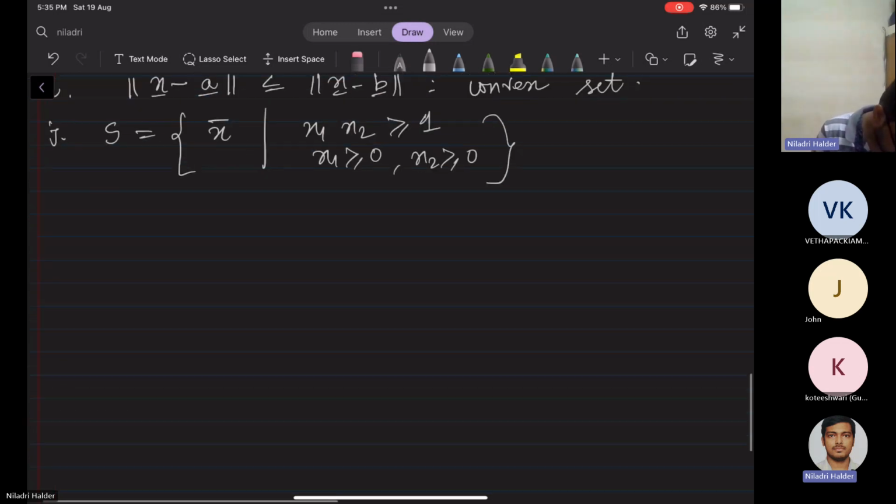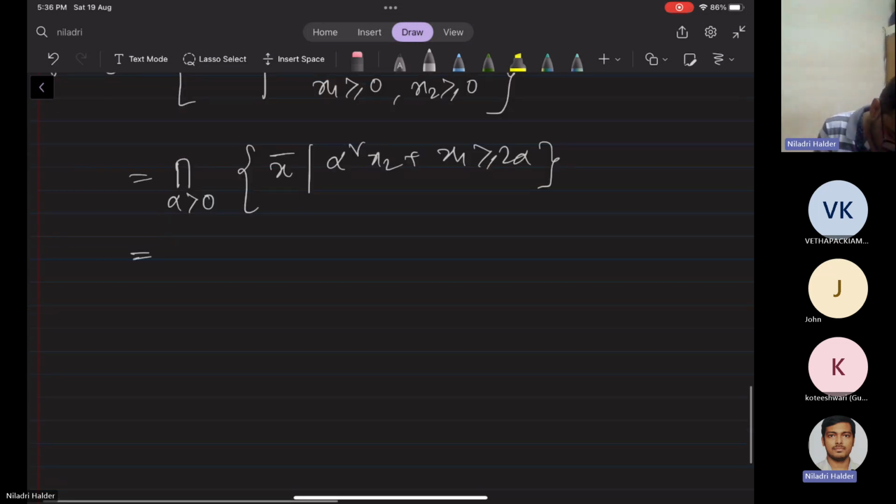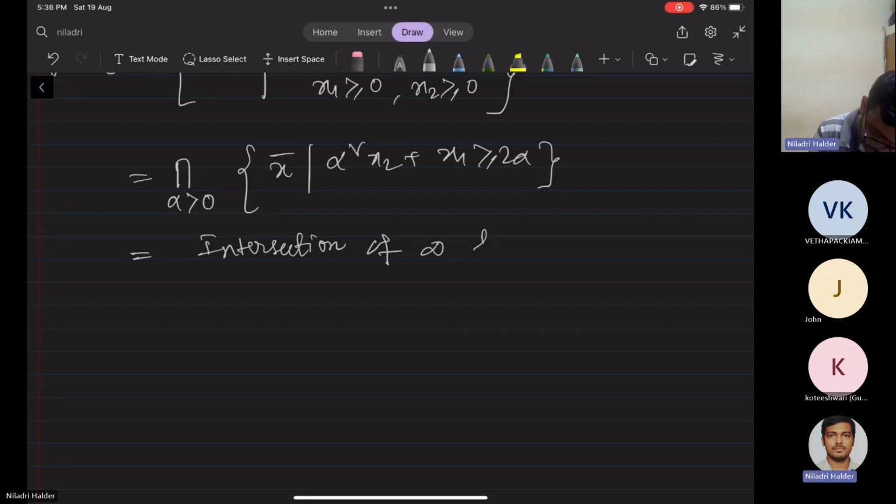This is also a convex set because he has mentioned that this is the intersection over all alpha greater than 0 of the vectors x such that alpha squared x2 plus x1 is greater than or equal to 2 alpha. This is the intersection of infinite half spaces, so that means it's a convex set.